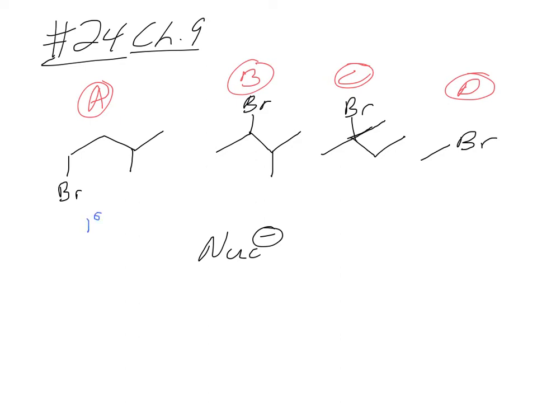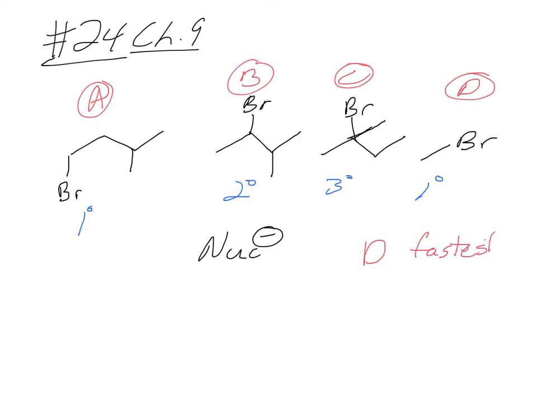This is a primary, this is a secondary, this is a tertiary, this is also a primary, but it's only a methyl. As far as primary carbocations go, it's the most primary. It's only 1 carbon, versus all this extra carbon stuff here. So I would probably rank D as the most reactive, or the fastest rate.